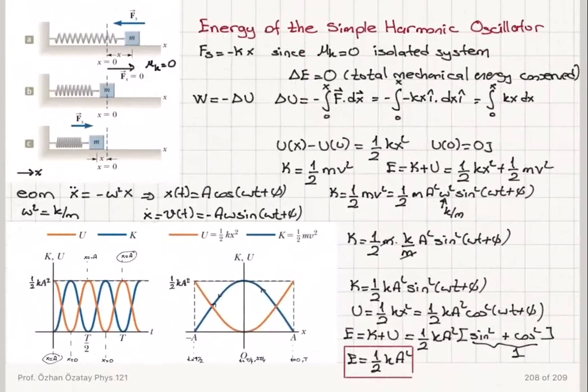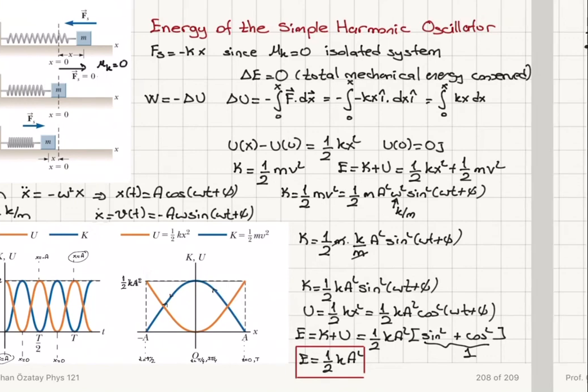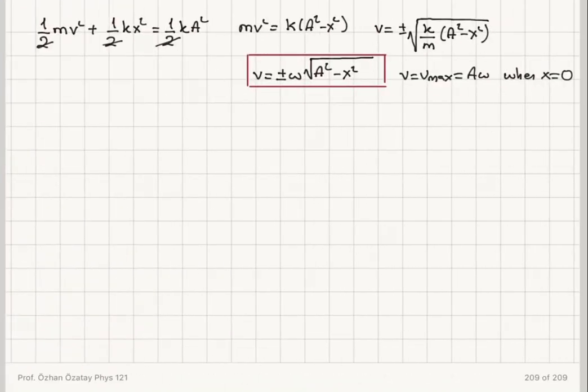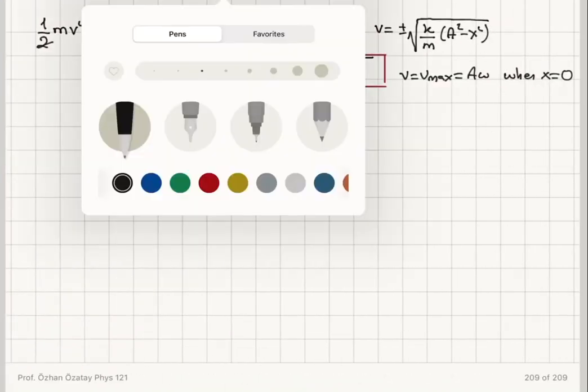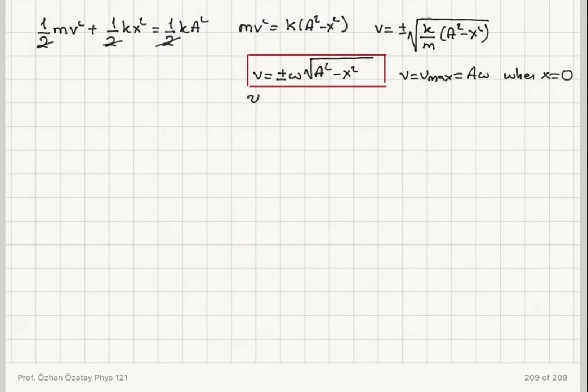So the maximum mechanical energy, the maximum kinetic energy I have, or the maximum potential energy I have, is equal to 1 over 2 k a squared, which is the total mechanical energy of the system. And writing this energy conservation for this isolated system also allowed me to obtain the velocity of the oscillator as a function of x.